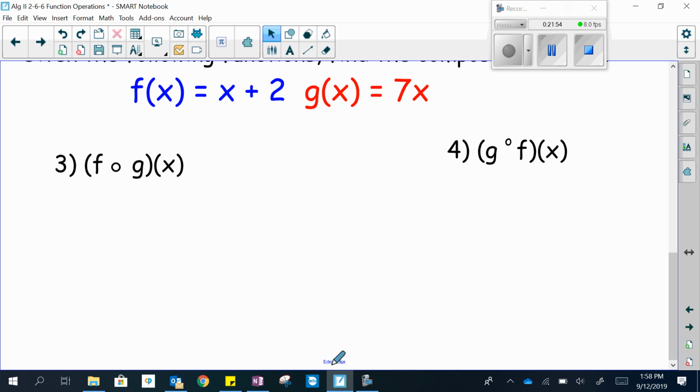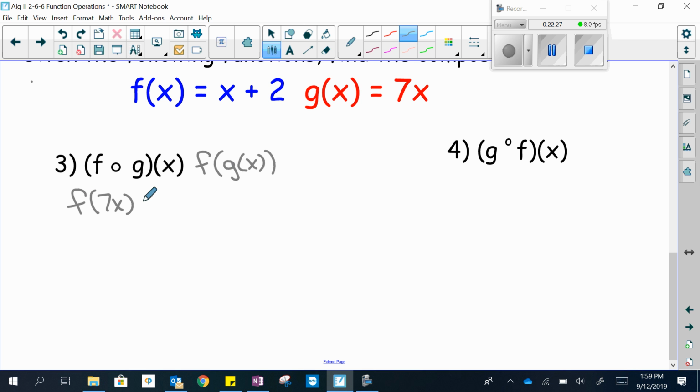So what we need to do is f of g of x. Let's just write it out because I do think that helps us think about it. F of g of x. G of x can't be simplified, right? G of x is 7x. So really what we're doing is f of 7x.